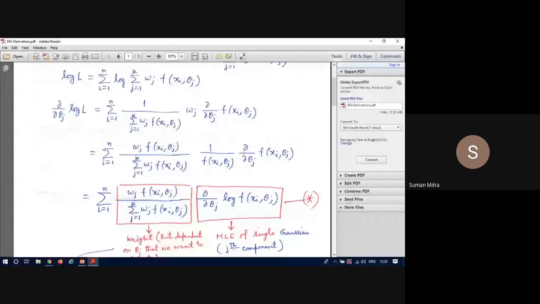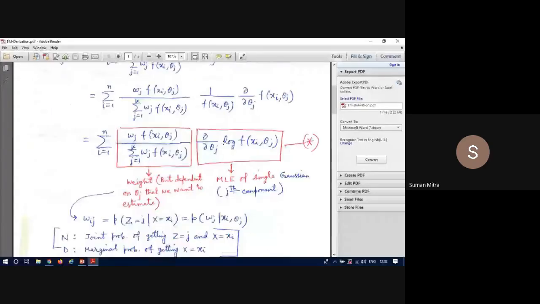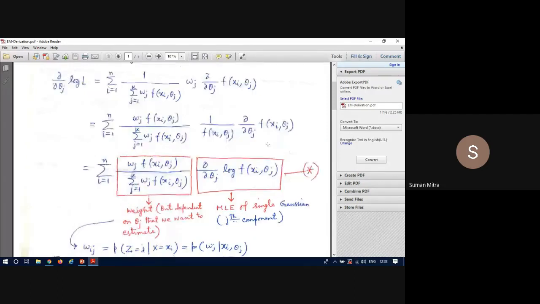Okay, it has two parts. Now the first part is a weight depending on theta. And this is what? This is nothing but the maximum likelihood of a single Gaussian. Why? Because what is f(xi, theta j)? f(xi, theta j) is nothing but a single Gaussian.